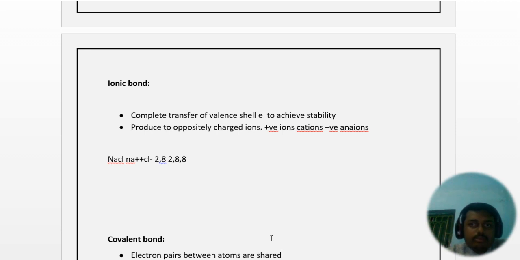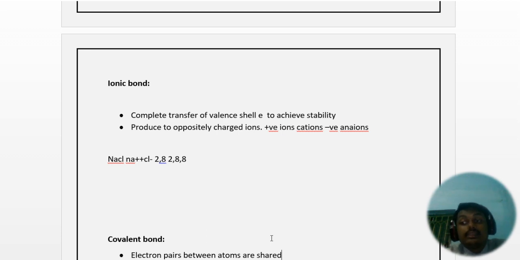Now we will discuss the properties of different types of chemical bonding. The first type is ionic bonding. In ionic bonding, complete electron transfer from one atom to another atom happens. This is happening for the one simple reason that we mentioned above, that is the octet rule. We want to achieve stability. And how to achieve stability?